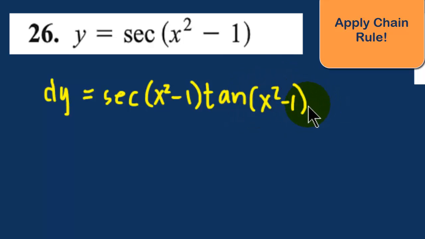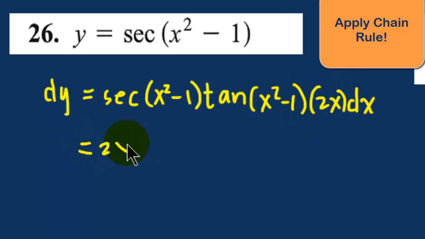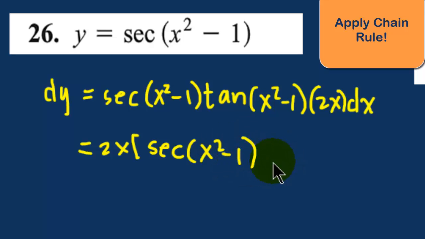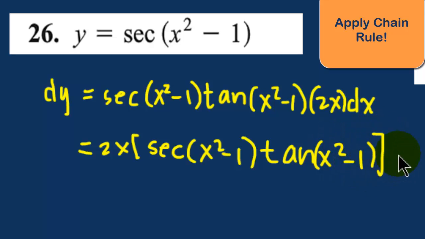And then we're not done yet because we take the derivative of the argument of secant and tangent, and that's 2x multiplied by dx. So if we want to put this term in the front, the final answer will just be 2x times secant of x squared minus 1 times the tangent of x squared minus 1, whole thing multiplied by dx. Alright.